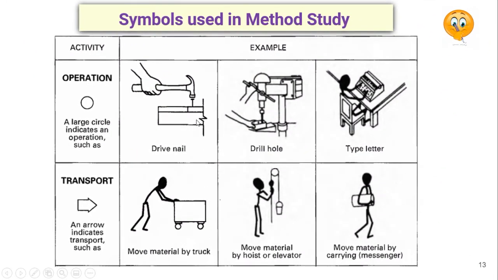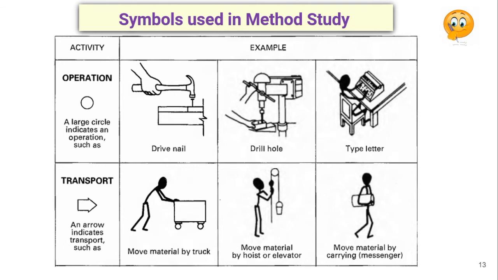In front of you, operation and transport. An operation is indicated by a circle, but what is meant by operation? The first figure indicates drilling a hole in some component. This is an operation going on. In the service industry, typing a letter is an operation going on.